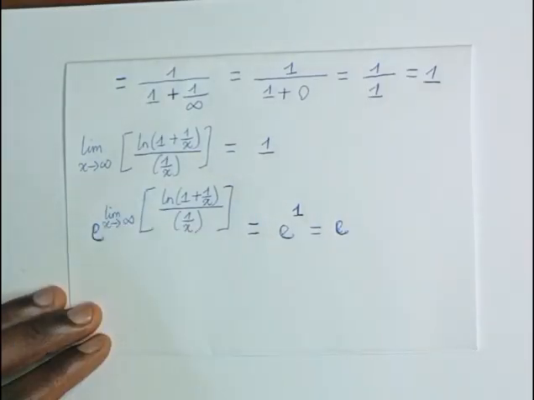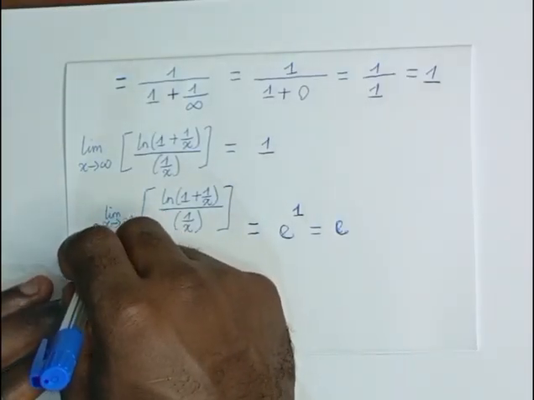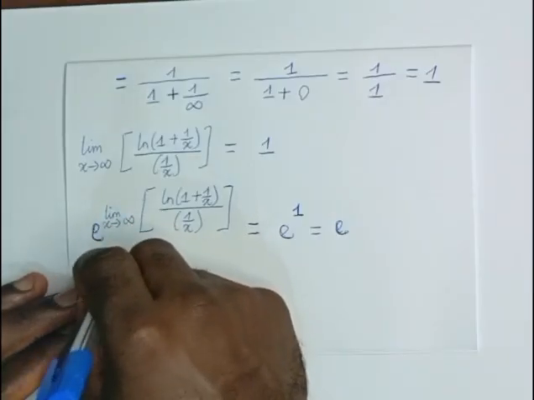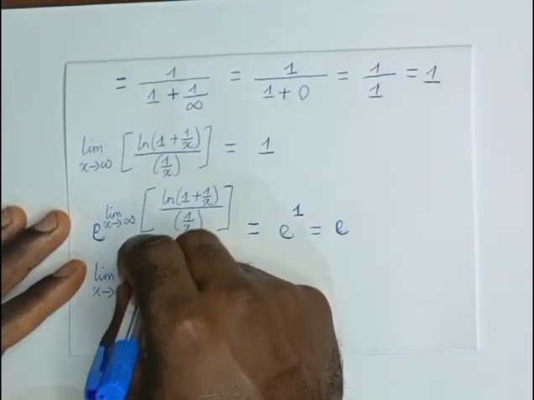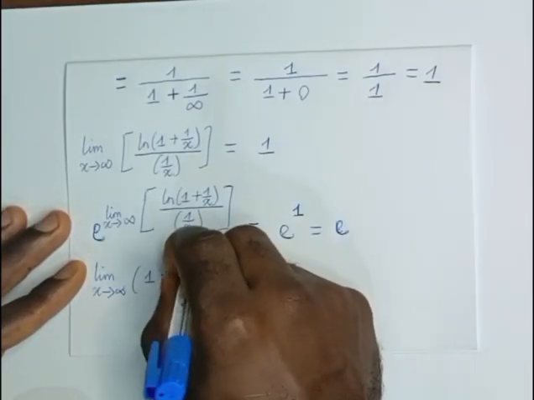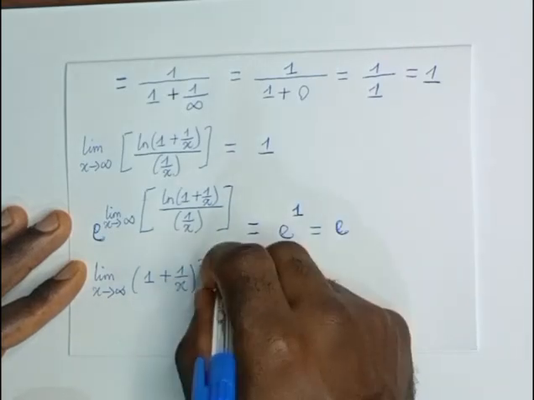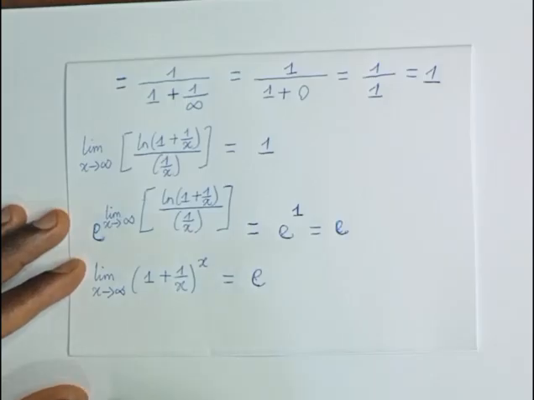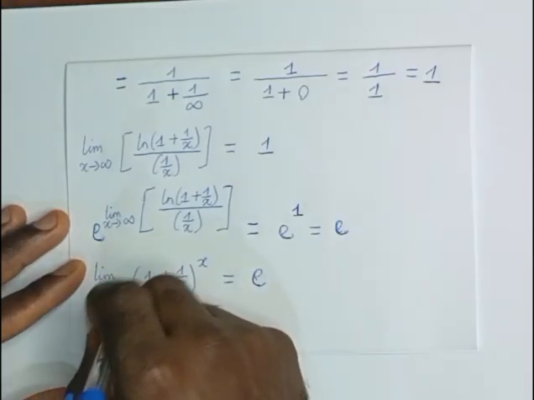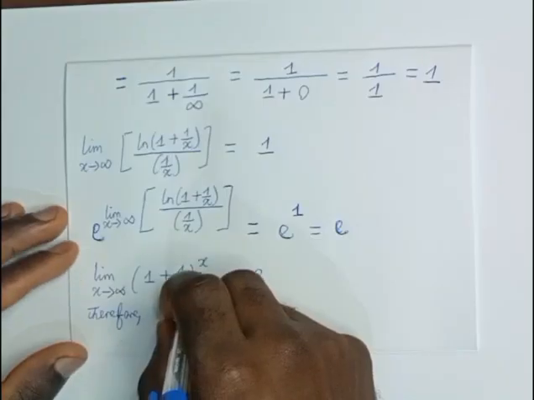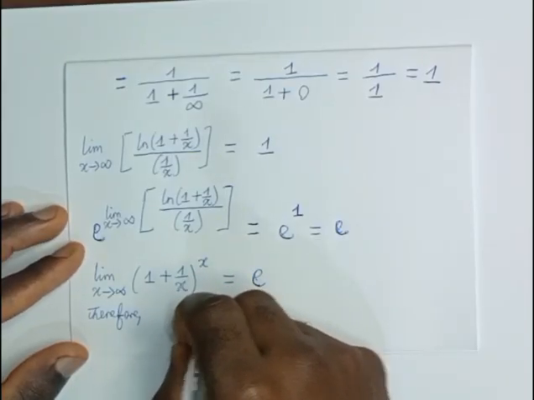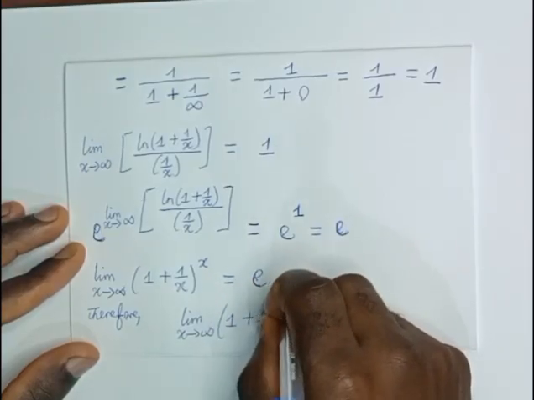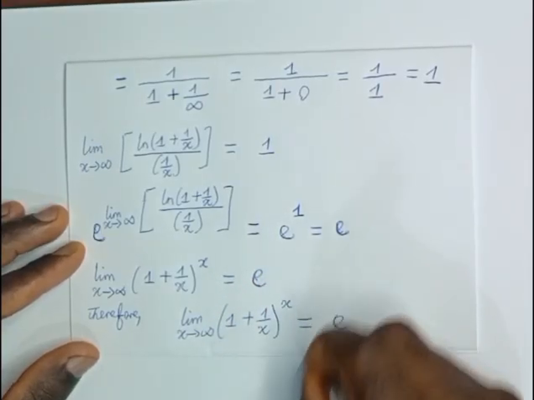From this, it simply means the limit as x tends to infinity of 1 plus 1 all over x, all this raised to the power x, is equal to e, which is what we have to show. Then we conclude, therefore, the limit as x tends to infinity of 1 plus 1 over x, all this raised to the power x is equal to e.